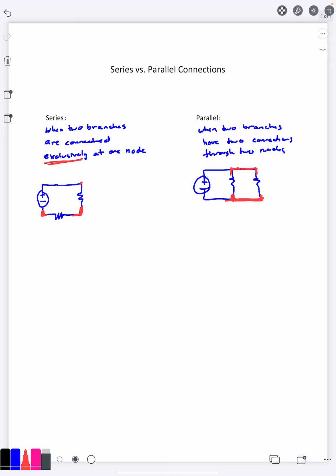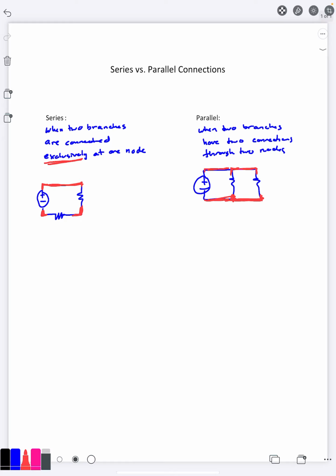Similarly, that source has a single connection that's exclusive to the right resistor, so therefore that source and the right resistor are in series. And so in this first circuit, everything is in series. Similarly, on the second circuit, that source is also connected to everything here by two nodes, and so that means all of those things are in parallel, not just the resistors.